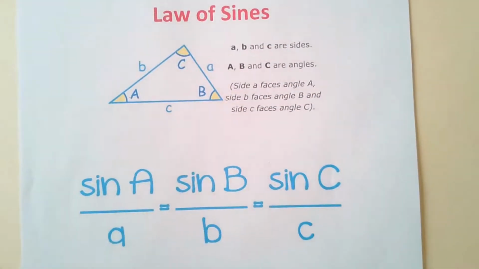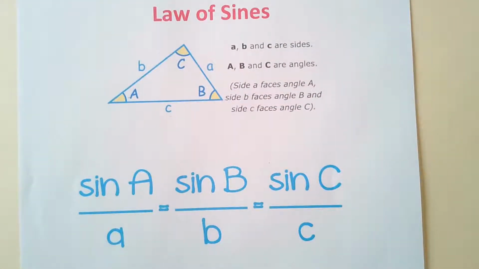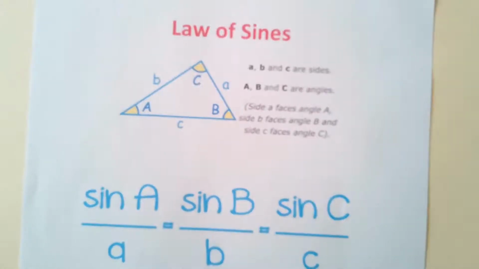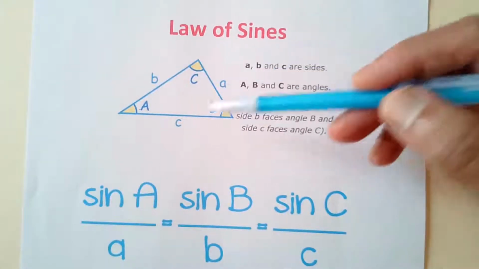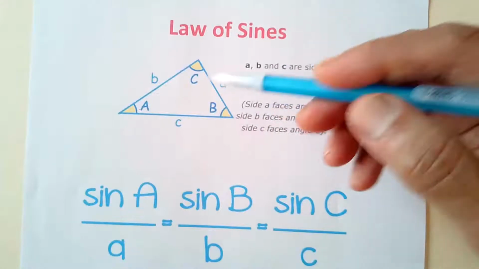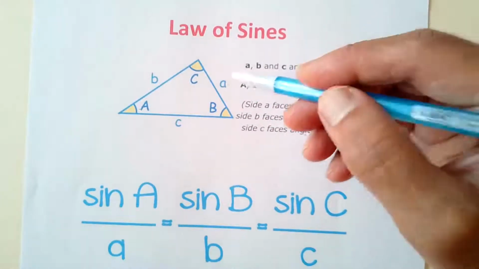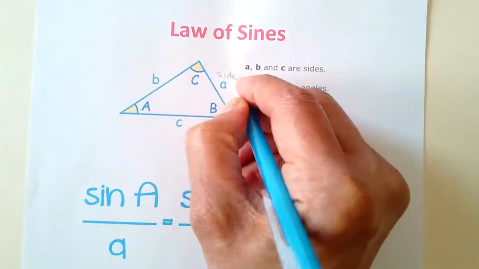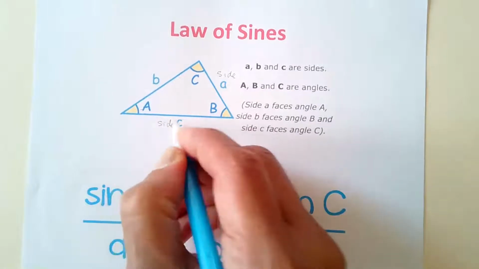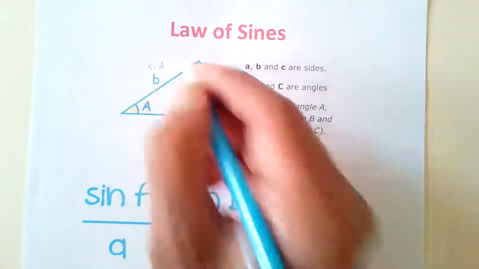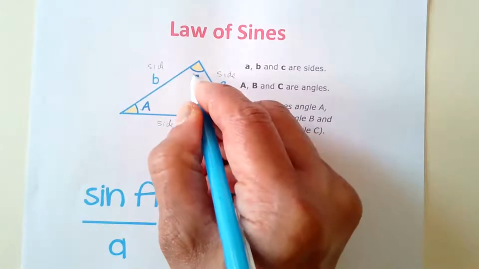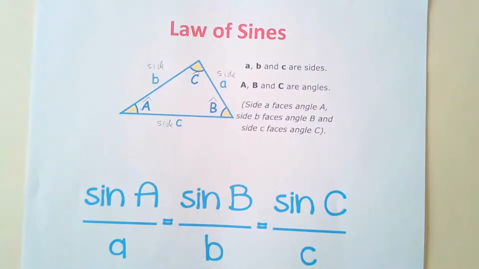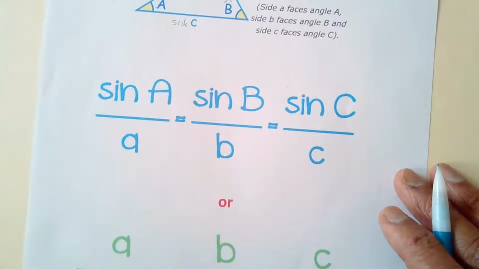Now, what does the law of sines look like? Here we have a triangle, and a, b, and c, the small letters, are the sides. These are the sides, and these are the angles: angle A, angle B, and angle C. The sine law we can write in two ways.